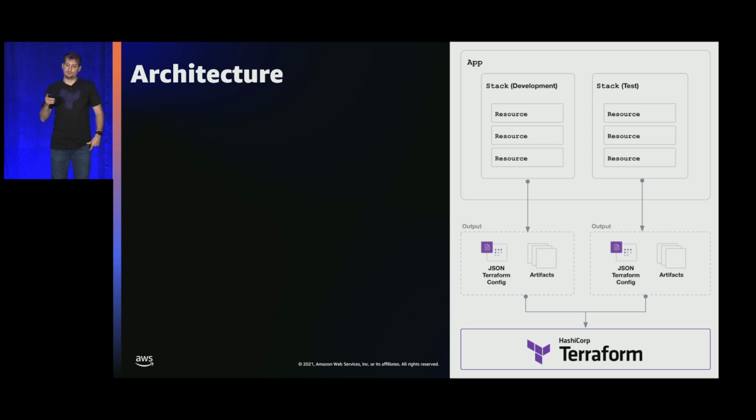An app can have one or more stacks that represent a collection of related infrastructure. As you can see, that might represent development or testing or integration. Quite nice. A stack represents a collection of infrastructure resources that the CDK for Terraform synthesizes as a separate configuration. It's equivalent to a Terraform working directory, which is nice to help organize your code.